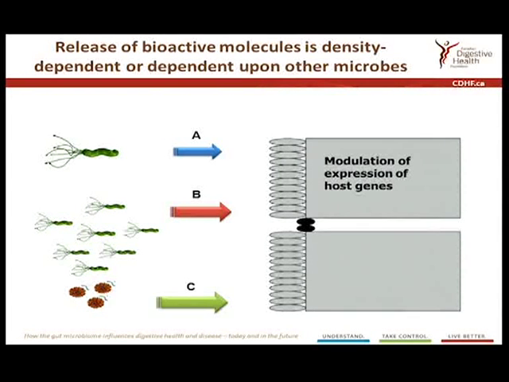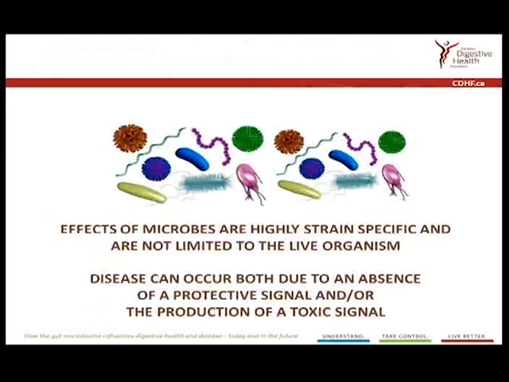And finally, if there's another one present, all these together will see microbe C and say, uh-oh, we have to change our activity because we have another microbe present. And then C will be released. So it really is dependent on who's there, what they're doing, how many are there, and what the overall metabolism signals released are. And diet has a key role.